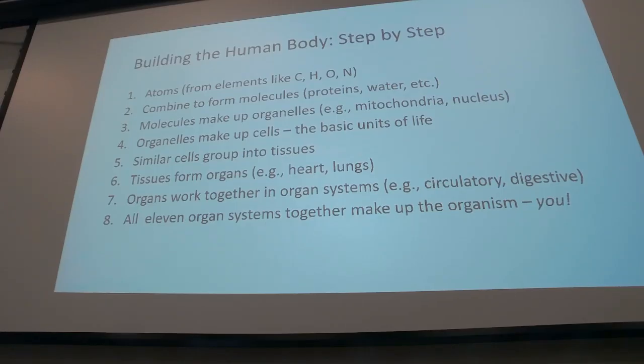We will see in the cell chapter what these organelles are and their functions, but one of the organelles is the mitochondria. The mitochondria is specialized in making a molecule of energy that we call ATP, adenosine triphosphate.